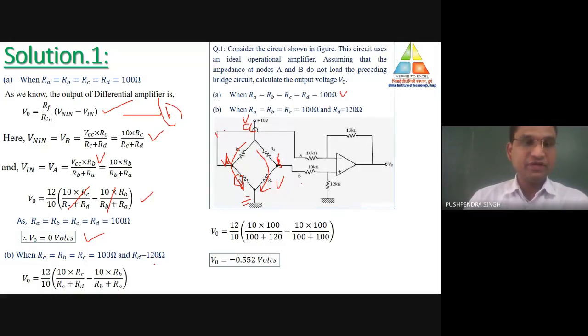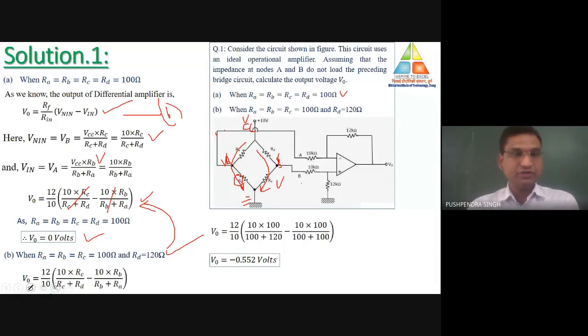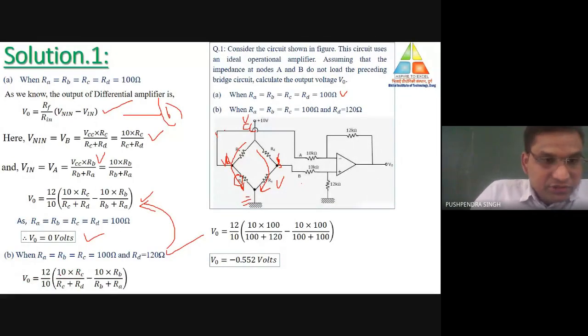But when one of the resistances is changed, or the bridge is unbalanced, on that condition, we need to substitute these values in this equation. Substitute here. So 10 into RC divided by, here, 10 into 100 divided by 100 plus 120. Why?